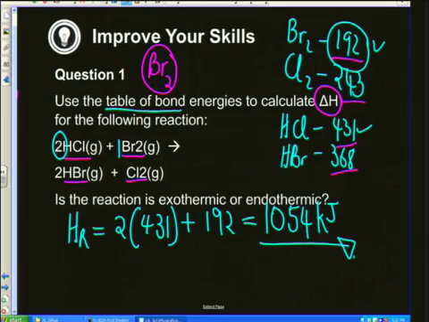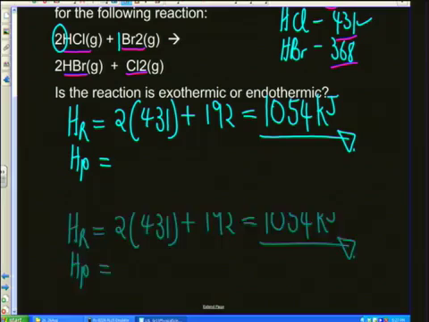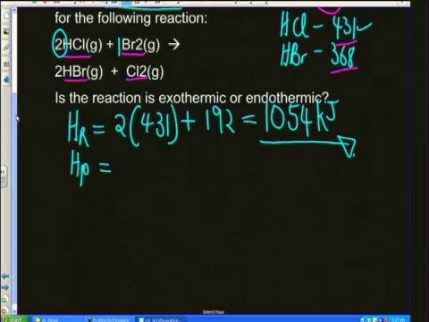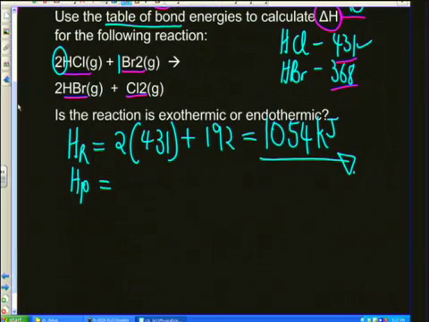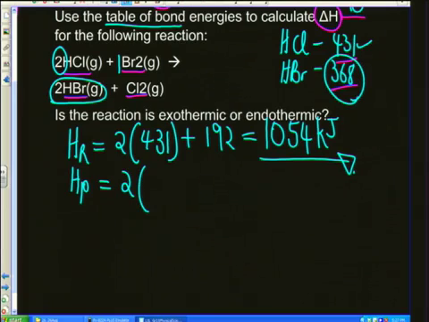Now, for the products, I'll say enthalpy released by the products. If you look at the product, I've got 2 HBr, so it will be twice the energy released when the bond between hydrogen and bromine is formed. So it will be 2 times 368, plus Cl2, 1 mole of that.